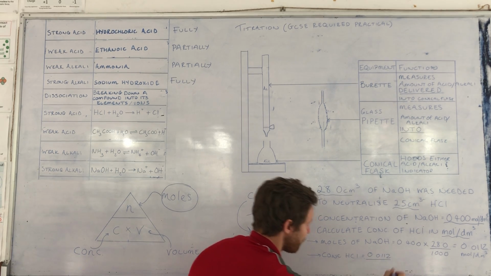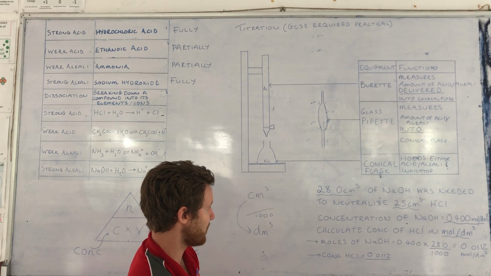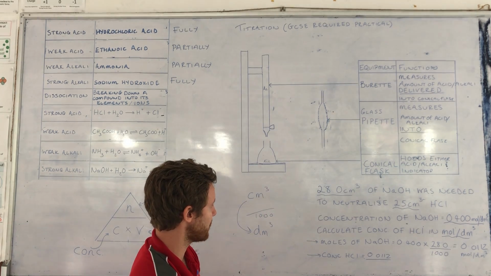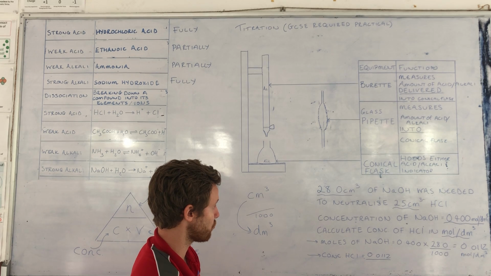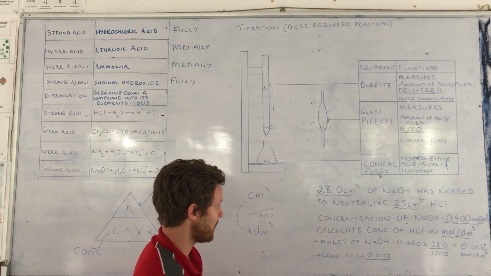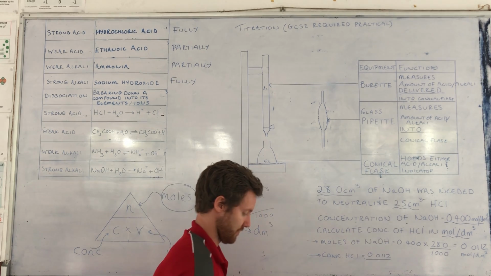0.0112 divided by, where are we now? Let's find a volume for our hydrochloric acid. Okay, here we go.